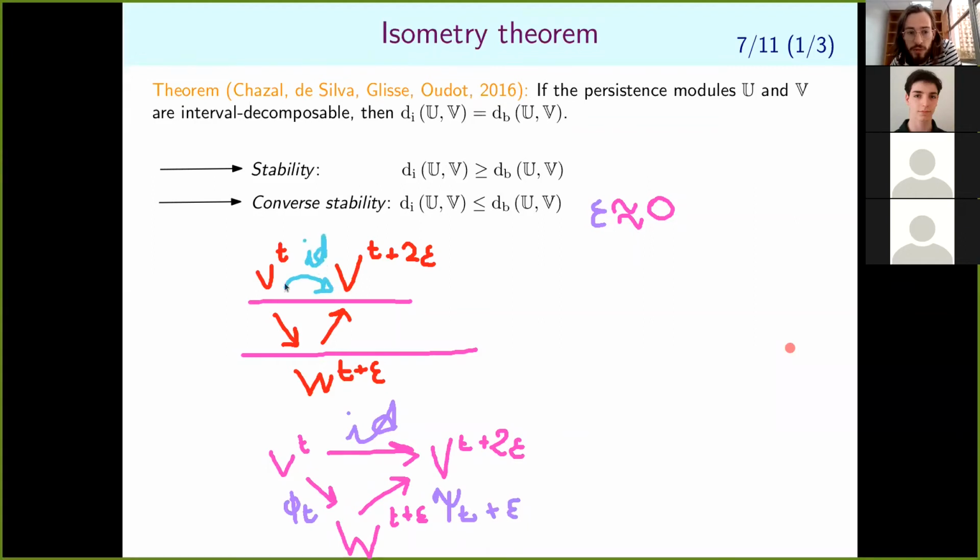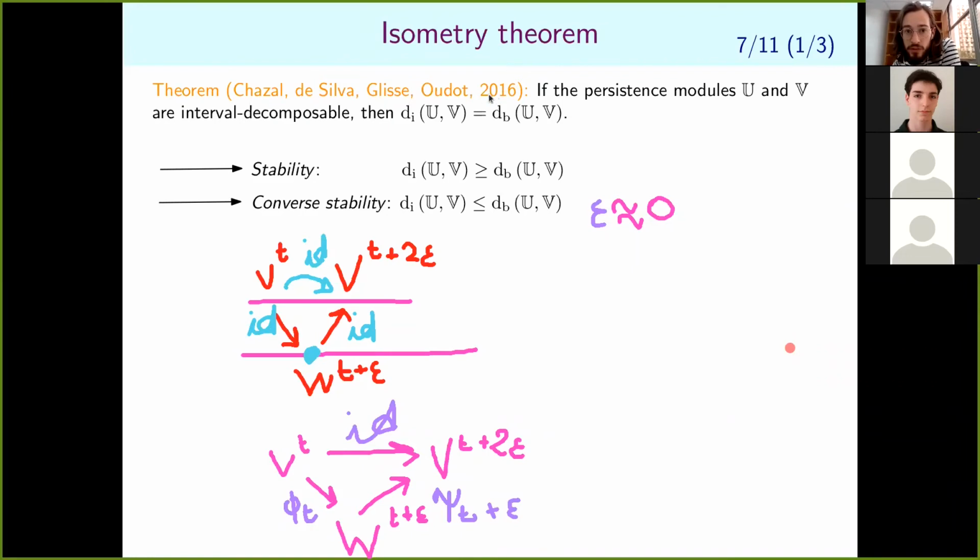So if I want this composition here to be equal to the identity map, the maps of the epsilon interleavings must be non-zero. In this case, if I want these maps to be the identity, I have to have a non-zero vector space here.